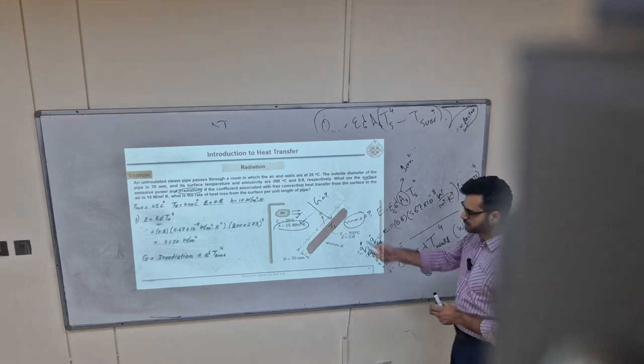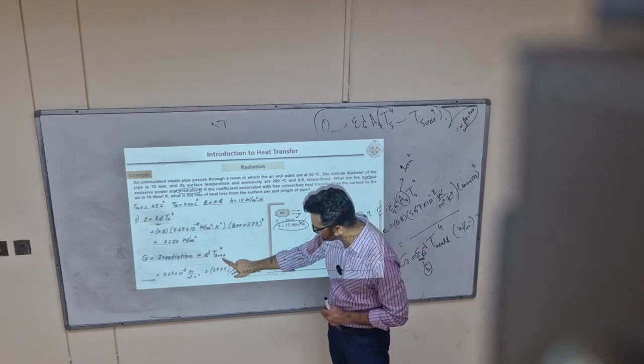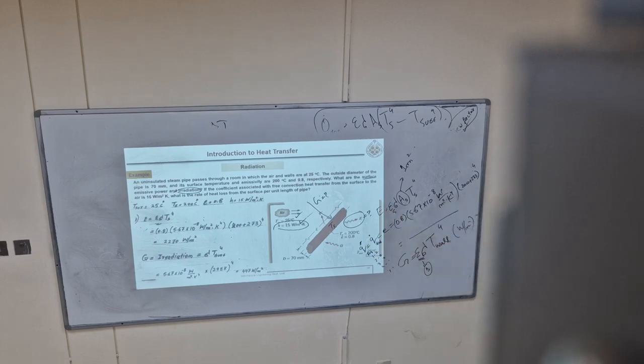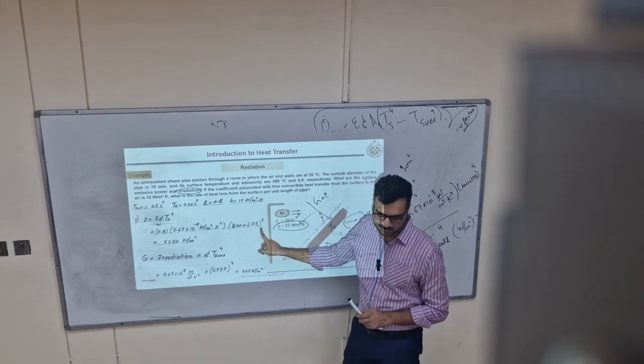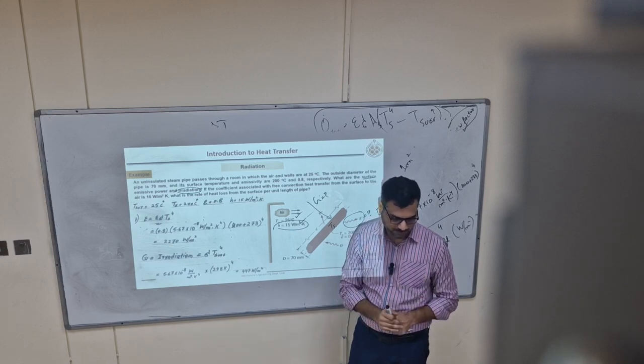Okay, so the solution is here. Simply go through the solution. Be careful about the units. Always remember Kelvin. Now we also need to calculate heat loss from that pipe to the surroundings. The surrounding is not just wall, air is also there.